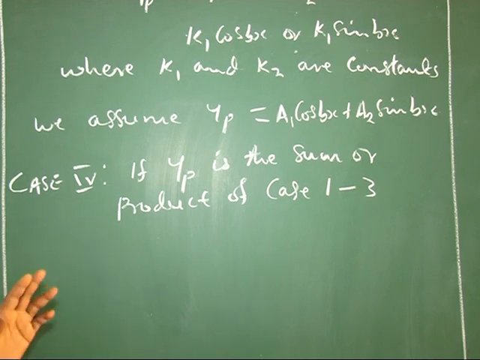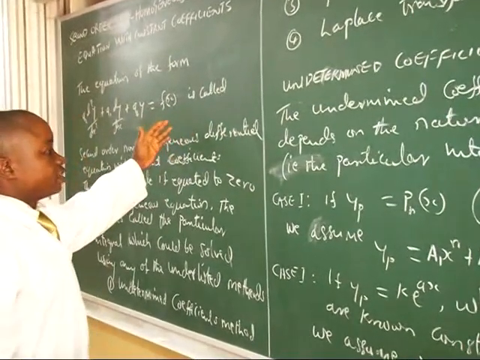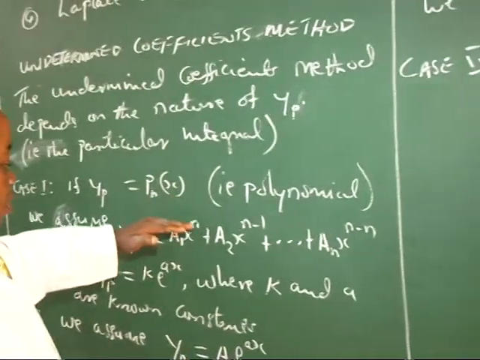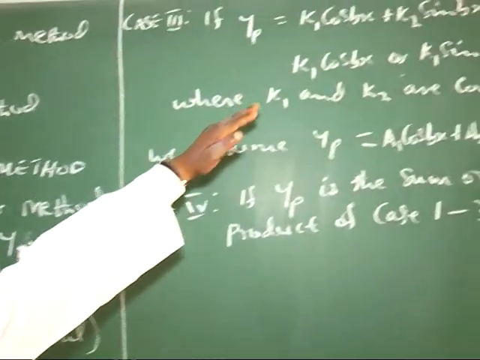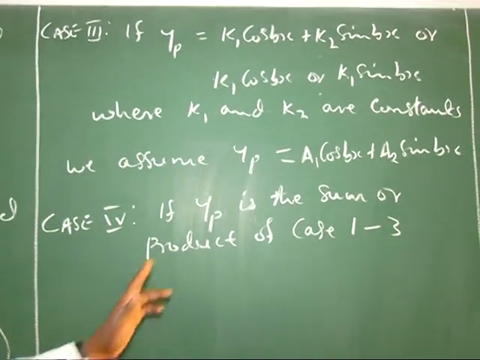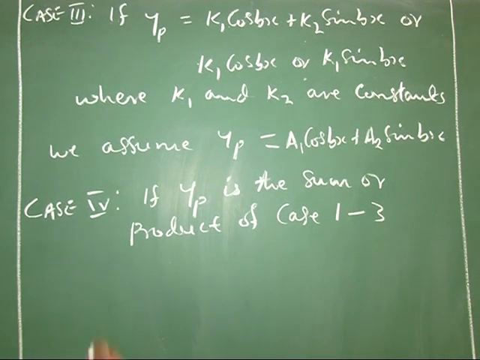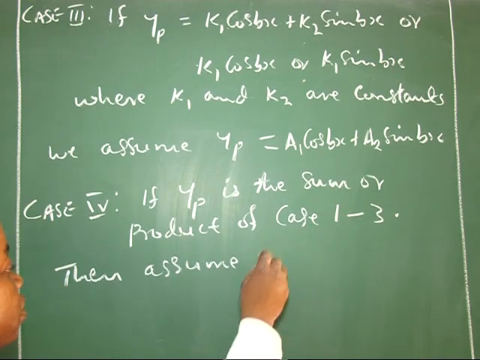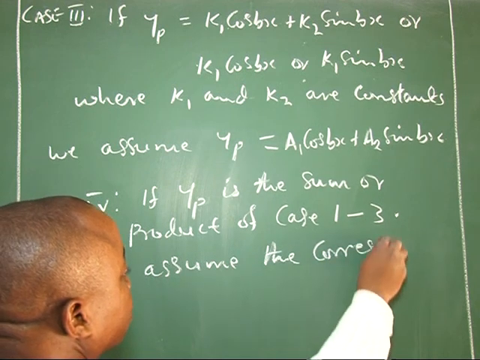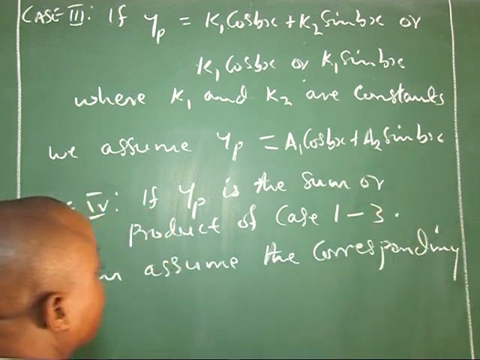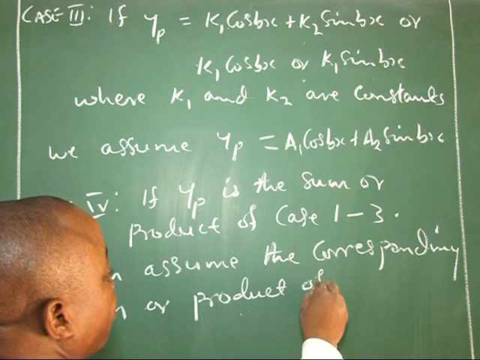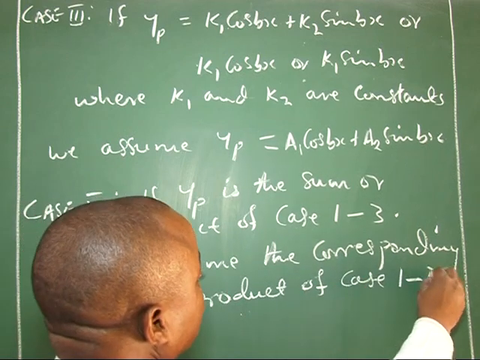Now, if yp, that is the right hand side, is the sum or product of this polynomial, exponential, and trigonometric function, then assume the corresponding sum or product of case 1 to 3.